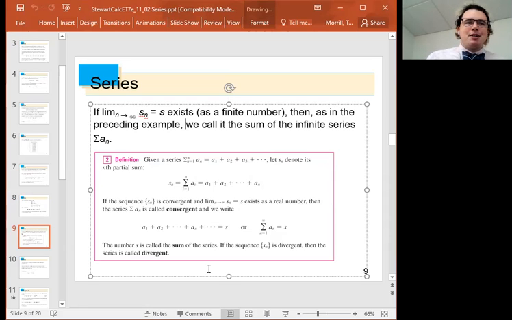And otherwise, if the limit is an infinite limit, or if the limit is divergent, then we'll call the summation divergent. So every one of these infinite sums is secretly a limit, just like the limits we were doing on the previous homework.